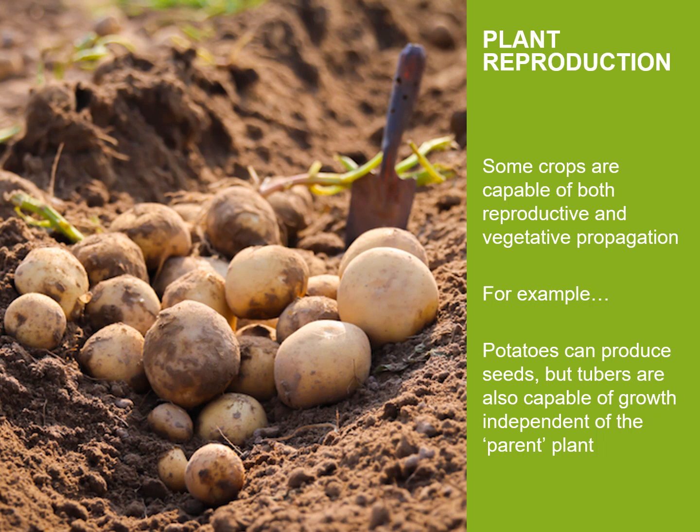So adult plants in some cases are capable of both reproductive propagation and also vegetative propagation. One good example of this is potatoes. Adult potato plants can and will flower and will set seeds. However, the prevailing way of propagating potatoes is through seed tubers.